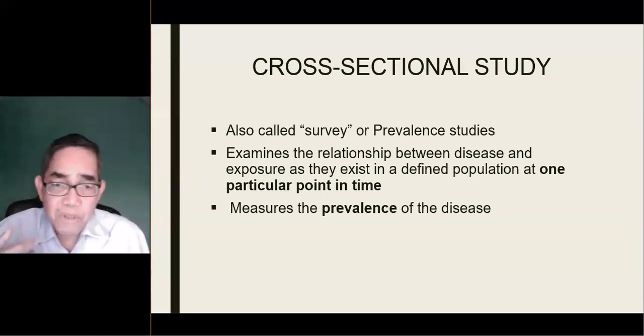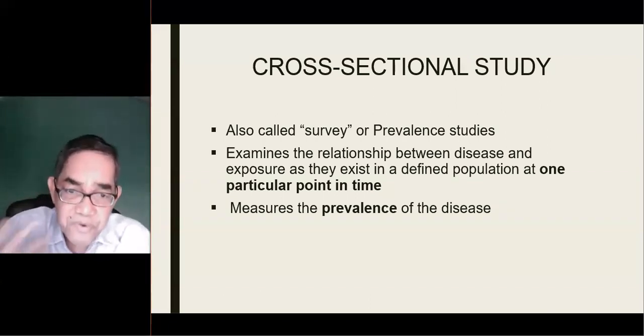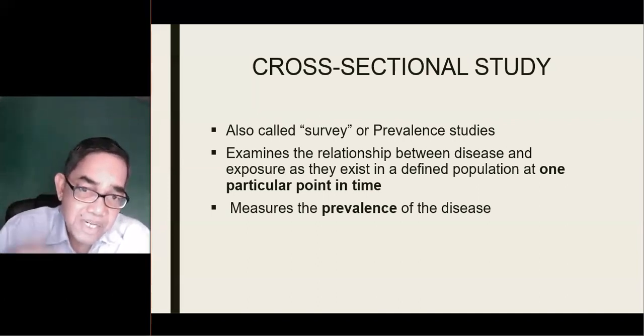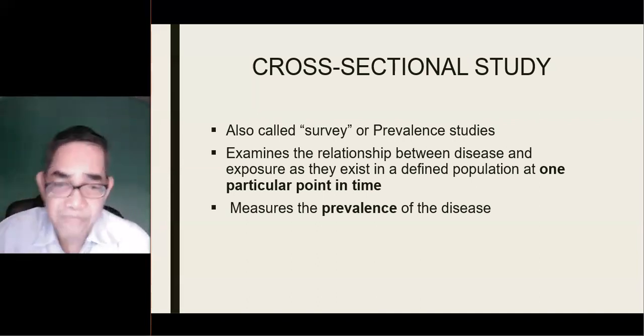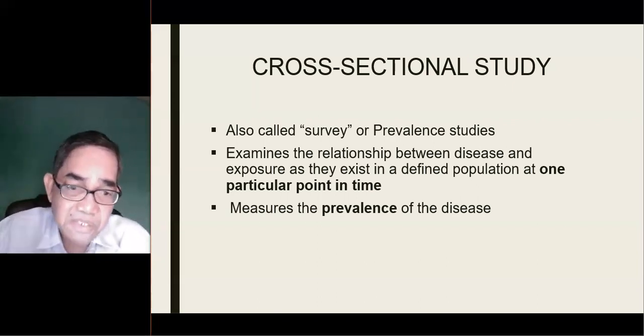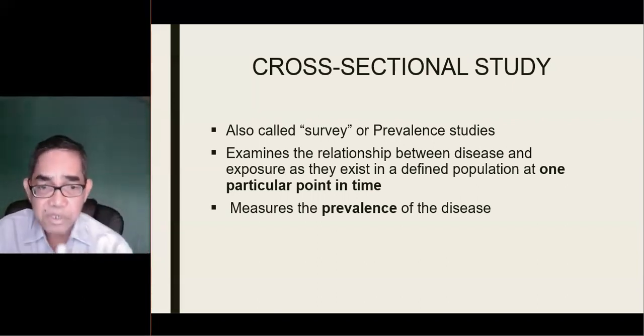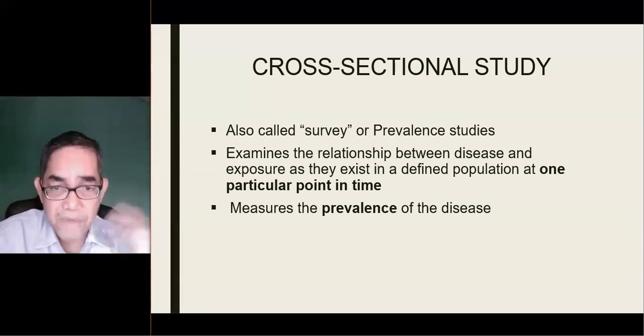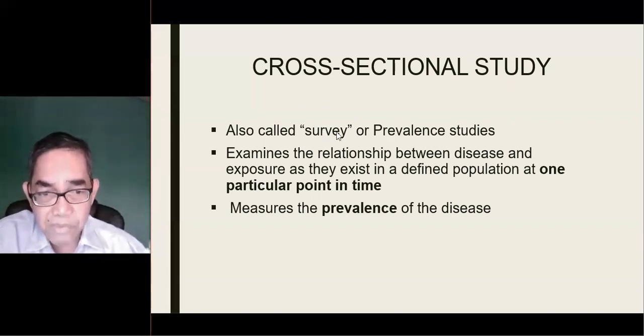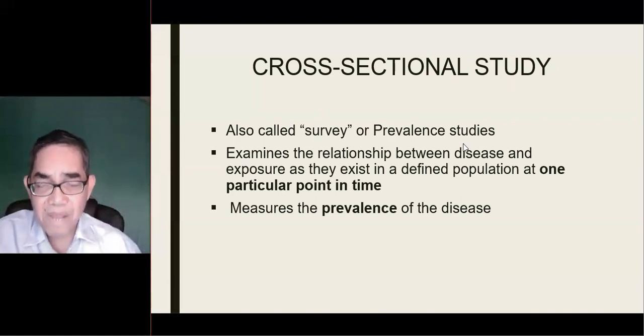Now, let's talk first of the first analytic observational study, the cross-sectional study. As we said, when we talked about the cross-sectional study as a descriptive study, we talked of it being synonymous to a survey or a prevalence study.